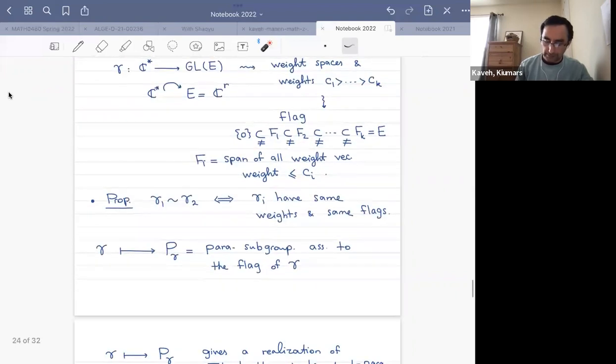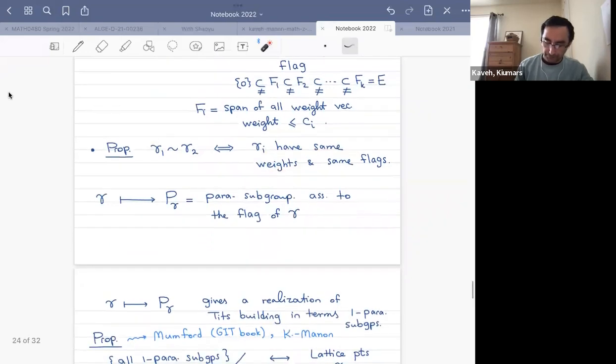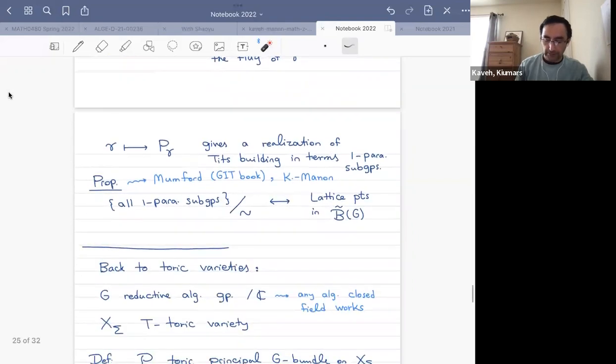That is exactly this equivalence, so they are equivalent if they have the same weights and same flags. The stabilizer of the flag is the parabolic subgroup associated to the one parameter subgroup. So sending a one parameter subgroup to the corresponding stabilizer of flag gives you a realization of the Tits building, or cone over the Tits building, in terms of one parameter subgroups.